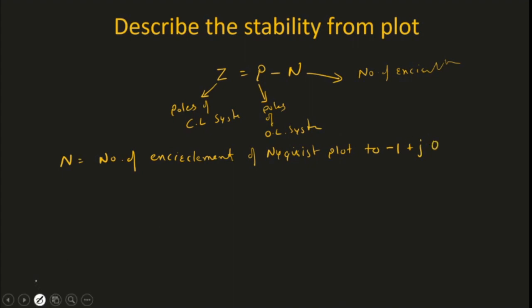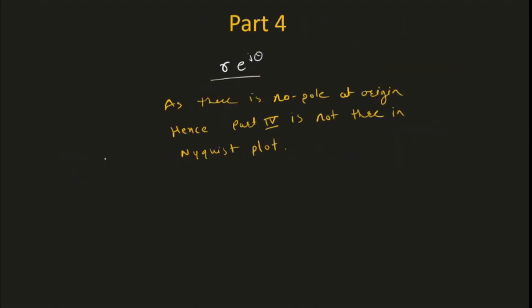So how many encirclements are there to this point is the value of n, and let's see what is the value of n in this graph.